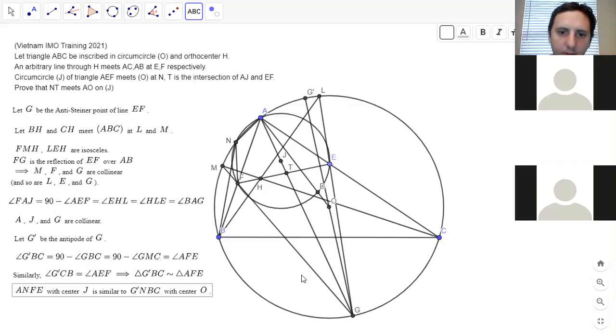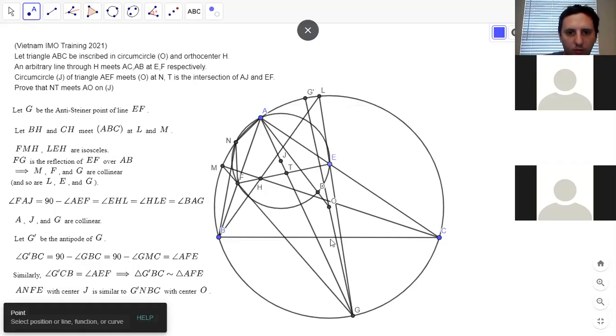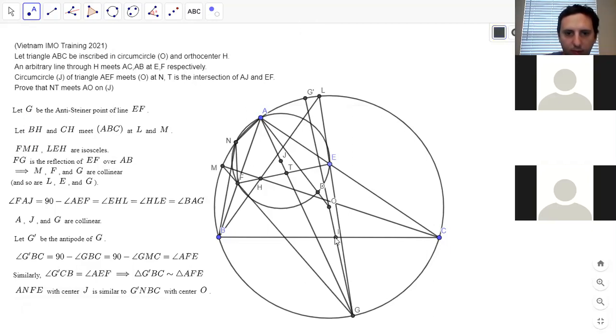But I thought I solved it before. So we want to show that angle DNF is TNF. Like, how did I do this? I'm getting confused.